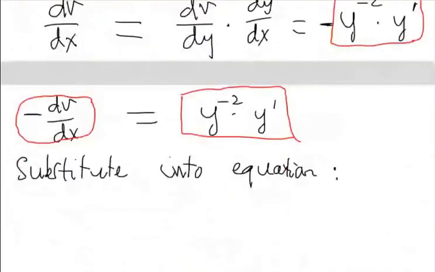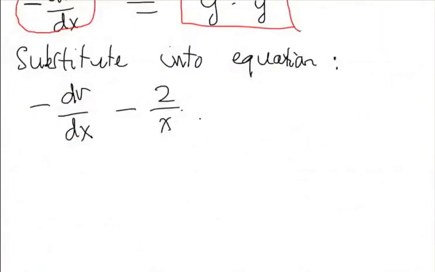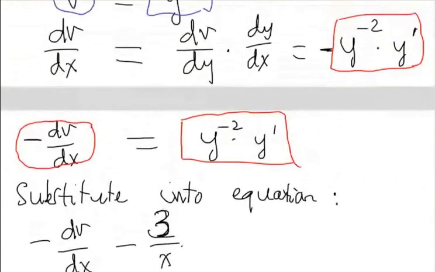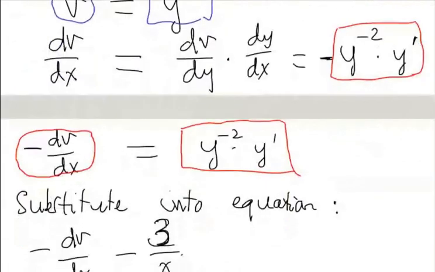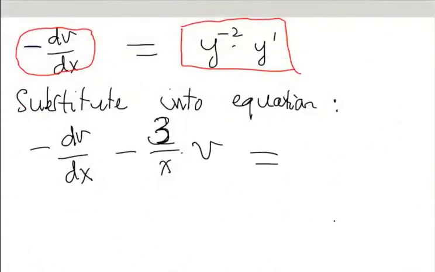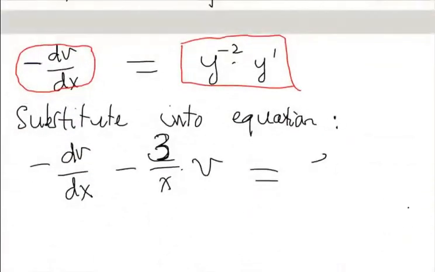So rewriting the equation, we get minus dv dx and minus 3 over x, that's the coefficient, and then y to the -1 up here, which is v. And on the right hand side, we have e to the x over x squared.